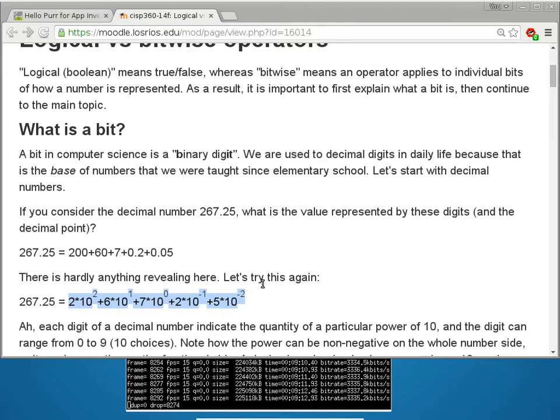But there is one pattern that you might want to remember, because that's important. Why do you think I choose 10 here, here, here, and so on? Because it's base 10. Because it is a decimal number, it is a base 10 number. So I'm choosing 10 as a base, from which I calculate the powers.